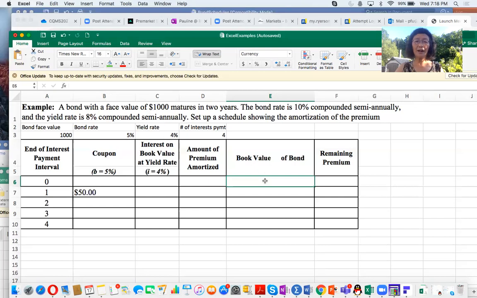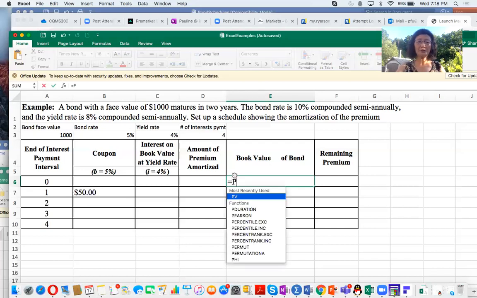And plus an annuity. So each half year you will receive $50. So what is the present value of those $50 over 2 years? We can use the Excel PV function. Add the 2 PV values together, and that is the book value of the bond.